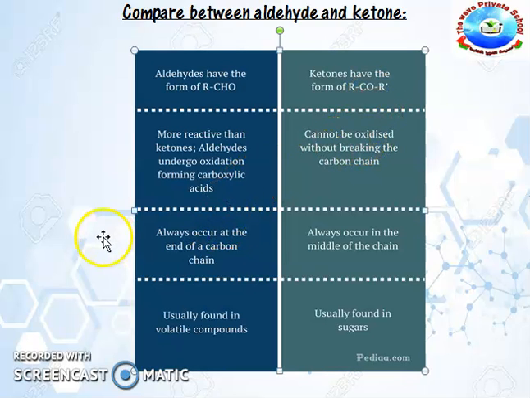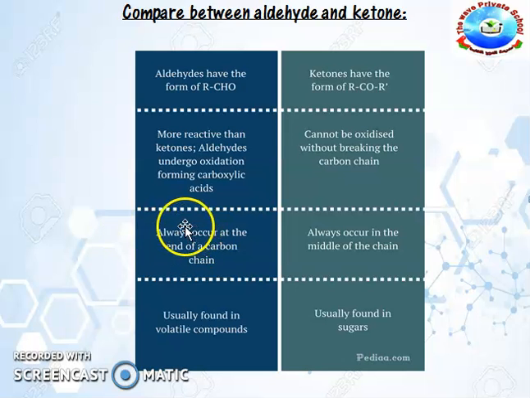Let's see the third one. Aldehydes always occur at the end of the carbon chain. So the reactions whichever occur of aldehyde, they occur at the end of the carbon chain, and in ketone they always occur in the middle of the carbon chain because the carbonyl group is present in the middle.